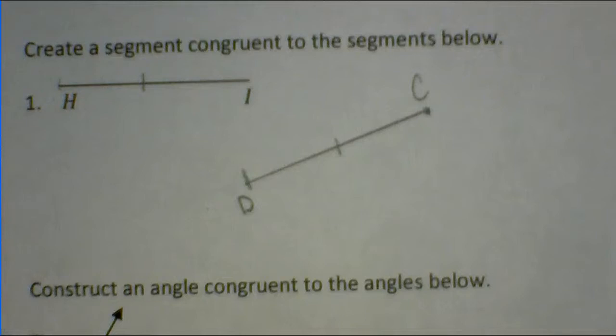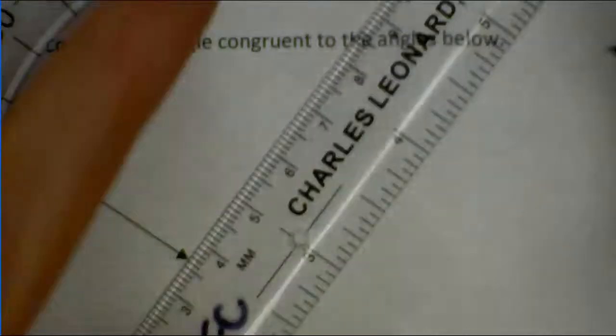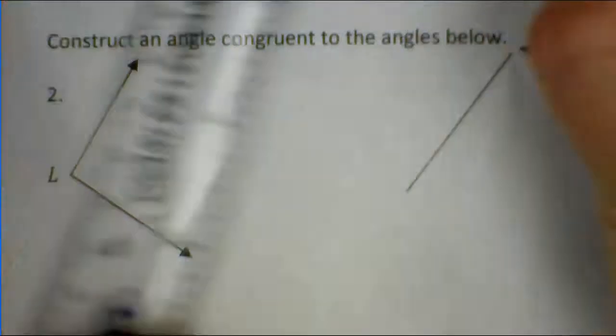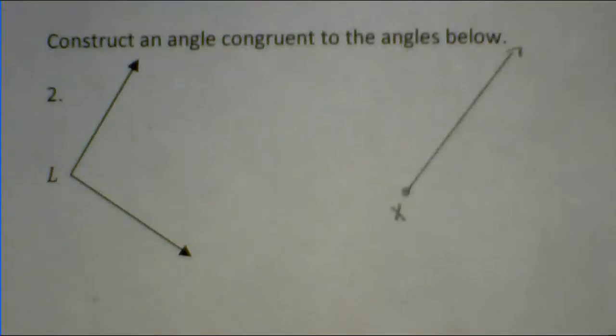Moving on. Now we're going to construct a congruent angle this time. We're going to use a straight edge and draw a ray with endpoint X. So we're going to make a ray, and the initial point is going to be X. Perfect.